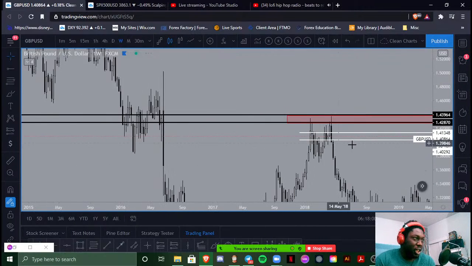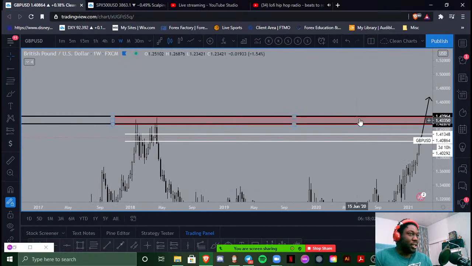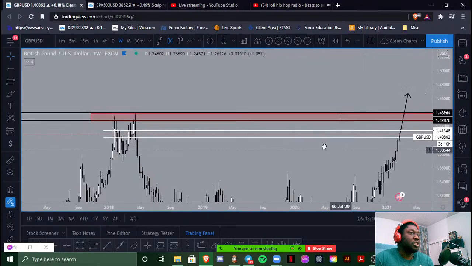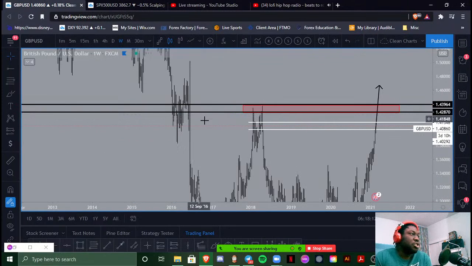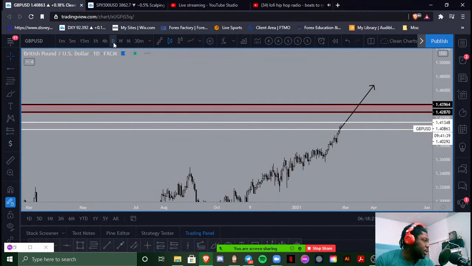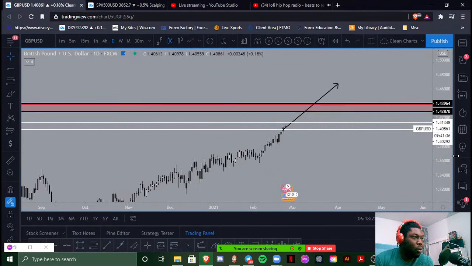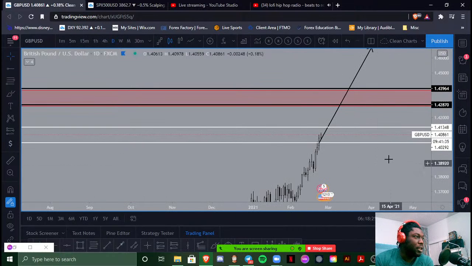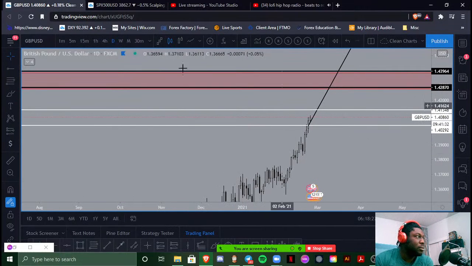But I still really do want to see the likes of 1.42870, or 1.43, or 1.4400 get hit before I really start to consider selling GBP/USD. But at this point in time, it's too bullish. Why would I try to sell it when this looks like it's possibly going to keep going to the upside? You know.